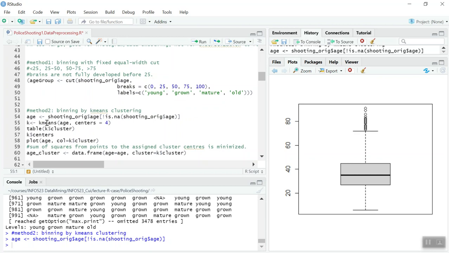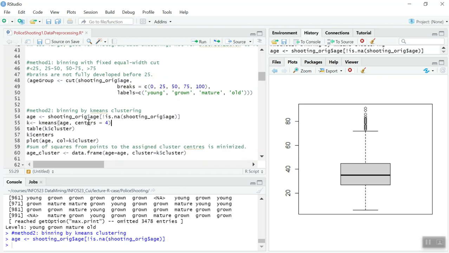We want to create 4 centers, which means we're going to create 4 clusters, and k-means is going to find the values that are closest to those 4 centers. It will iteratively find those 4 centers that best partition the data. Okay, the detailed algorithm of k-means we're going to cover later in chapter 10, clustering analysis.